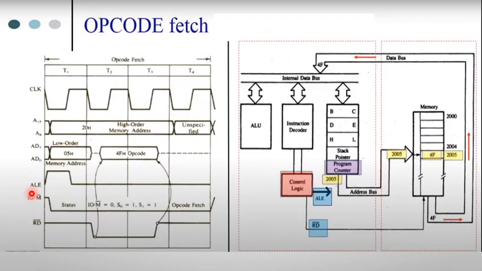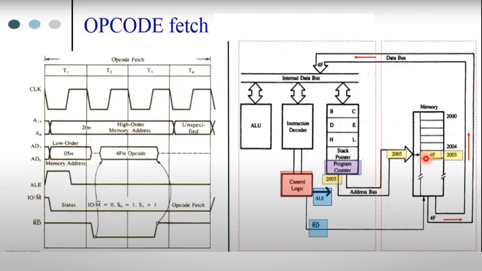First we discuss the opcode fetch machine cycle. The first duty of the microprocessor is to fetch the opcode. Here I have shown a diagram of the 8085 architecture with some blocks and a memory unit. The user writes the program in the memory, and the duty of the microprocessor is to fetch this opcode from the memory.